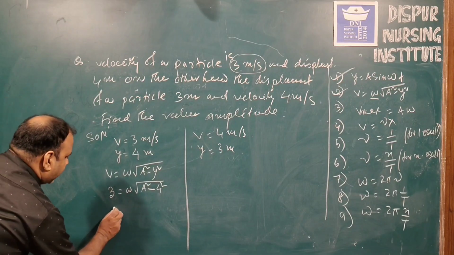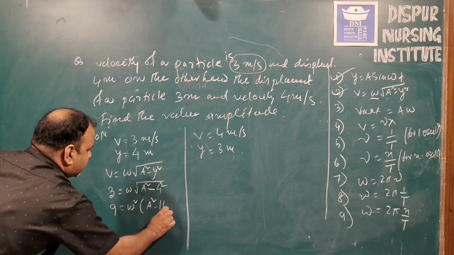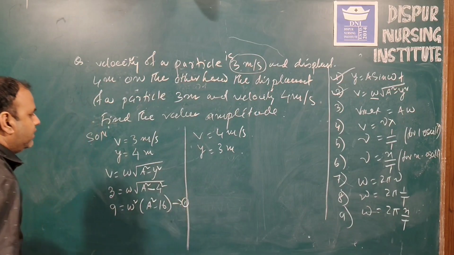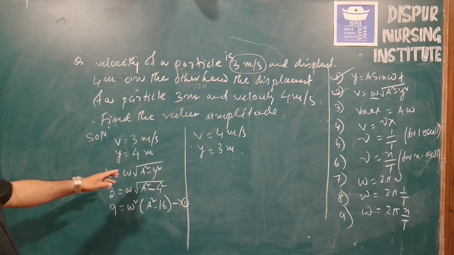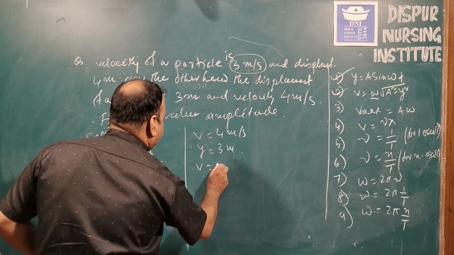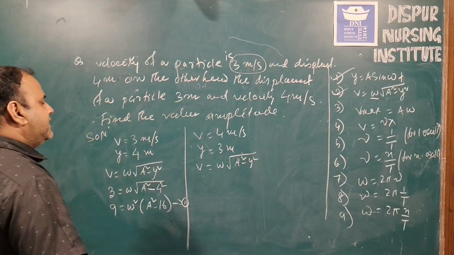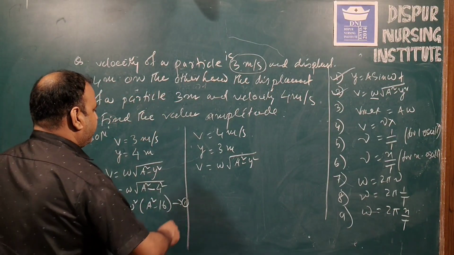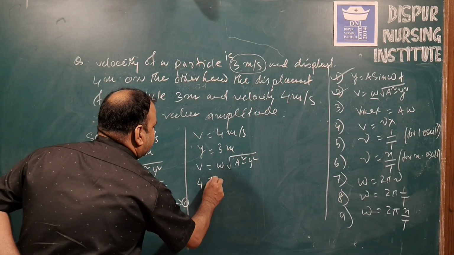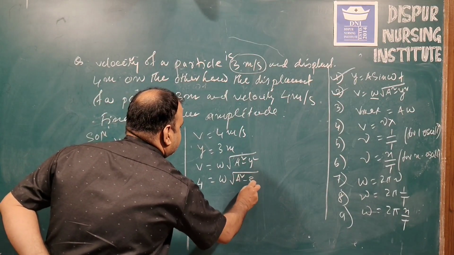So 9 is omega square into a square minus 16, equation number 1. Now using the same formula, v is equal to omega under root a square minus y square, in this case we will get v is 4, and omega under root a square minus 3 square.